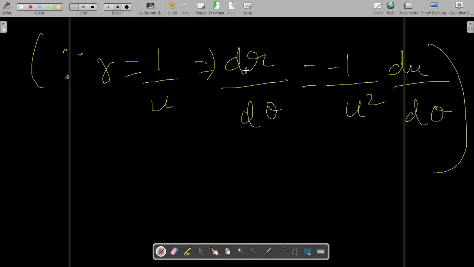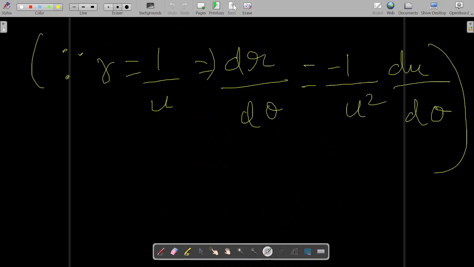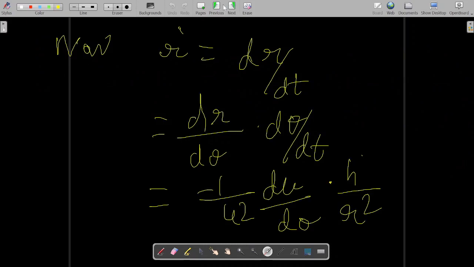And your d theta by dt is your theta dot, and theta dot has been given as h by r square. So you will put this value. After you put all those values, what do you get?